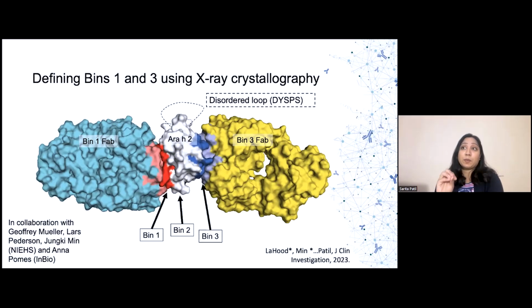And the way that we were able to detect them was because these antibodies recognize multiple loops within ARH2 as well. So they're very complex and very high affinity due to the way that the epitope and paratope interact.